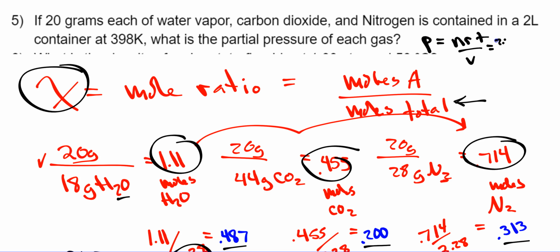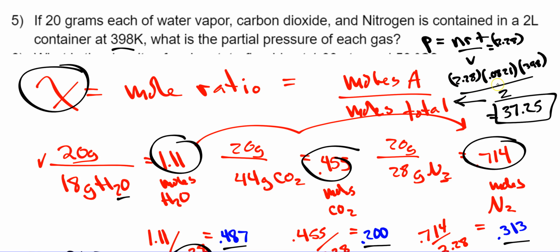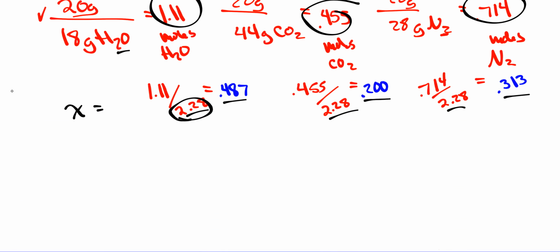So 2.28 times R. This is going to get ugly. Let me put it right here. 2.28 times R, which is 0.82 or 0.821, times temperature is already in Kelvin. That's 398, and I divide that by the volume, which is 2. I'll plug that in. My calculator, I get 37.25 is my pressure.